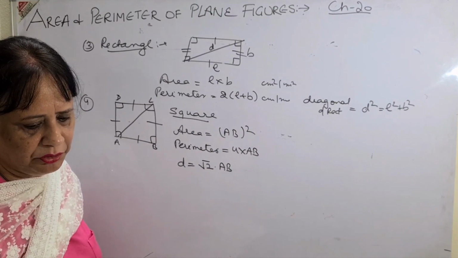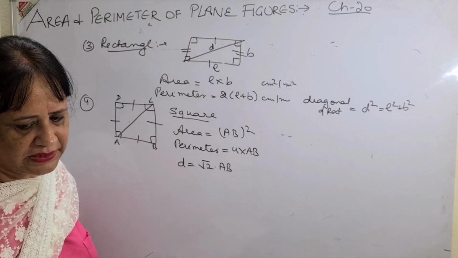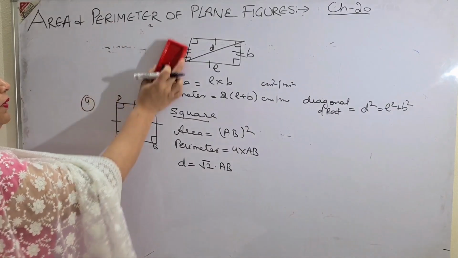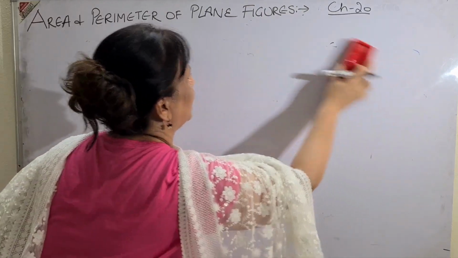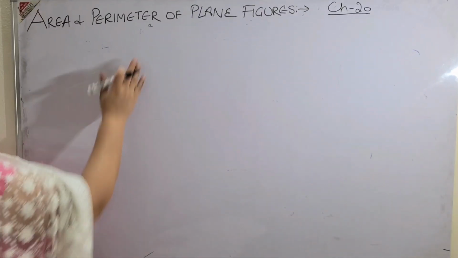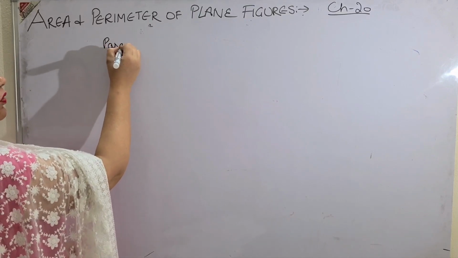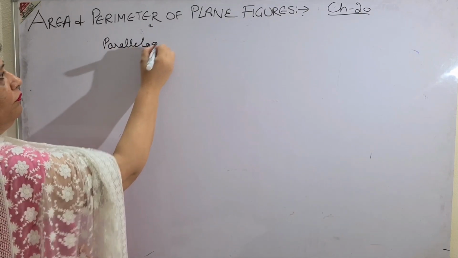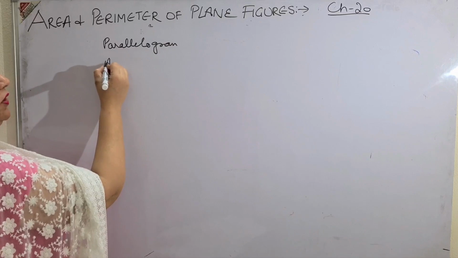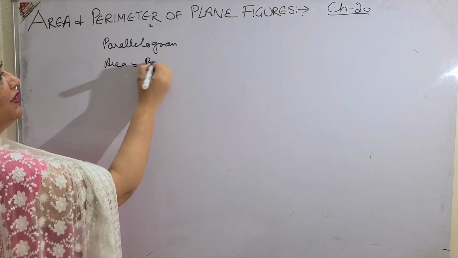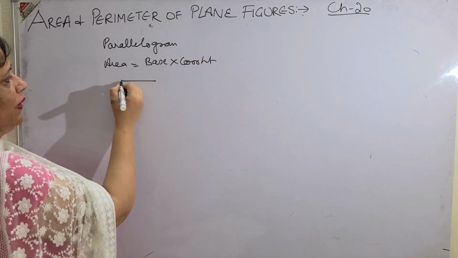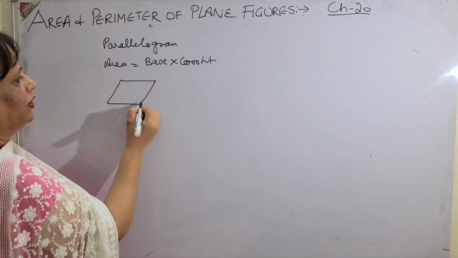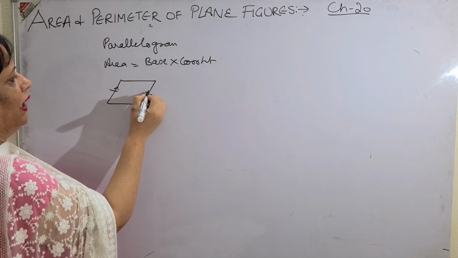Then coming to parallelogram and rhombus. These two we will study comparatively. Again there are some special types of quadrilaterals. Parallelogram, the area is equal to, you have to learn children, base into corresponding height. This is a parallelogram in which again the opposite sides are parallel and equal.